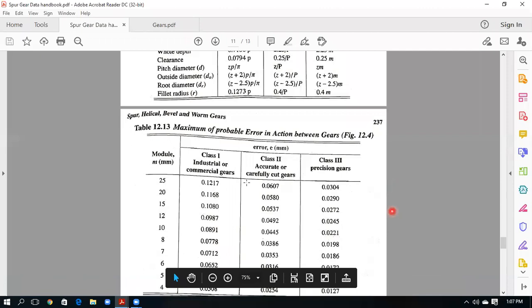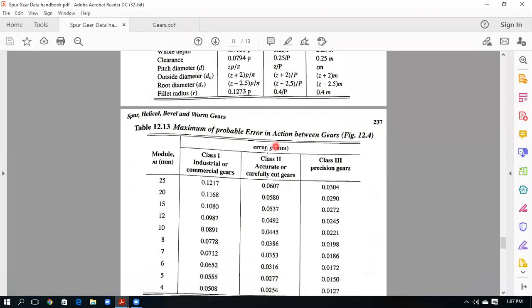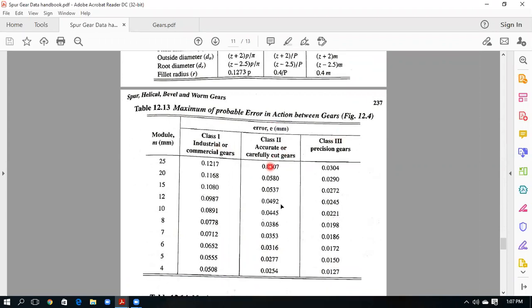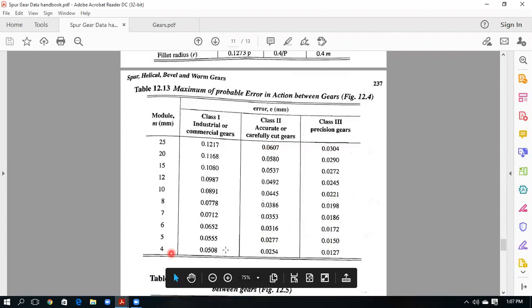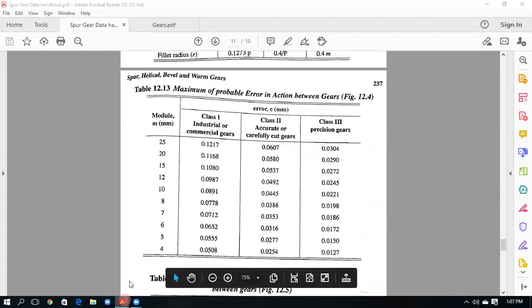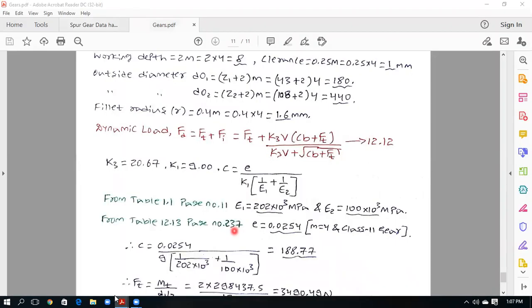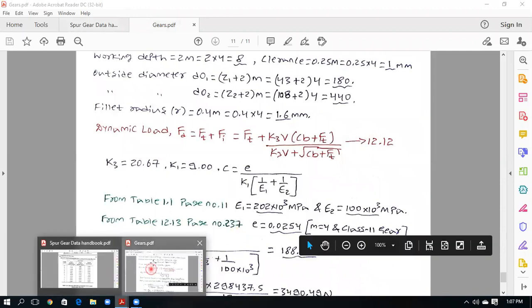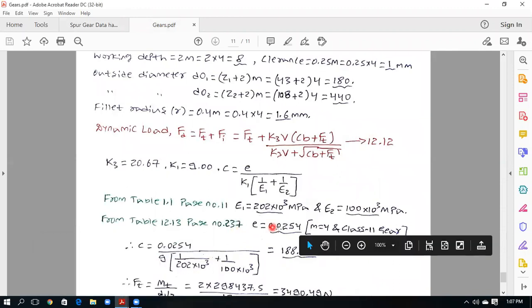Here you can see that to find the error, they have given class 1, class 2, class 3. They have mentioned class 2, and the module which you have calculated is 4, so for class 2 gear it is 0.0254. Therefore the E value is 0.0254 from the data handbook. Here you can see that I have taken the E value.